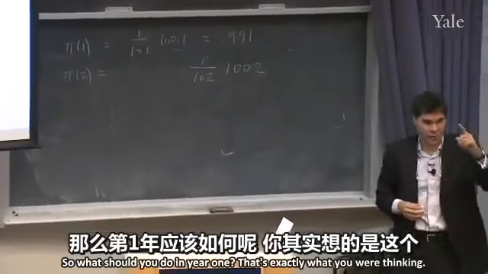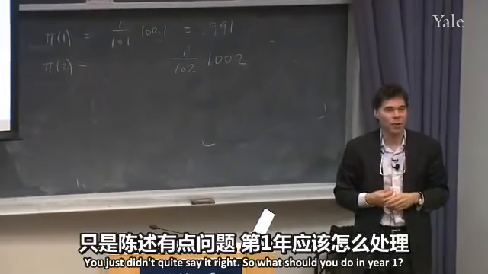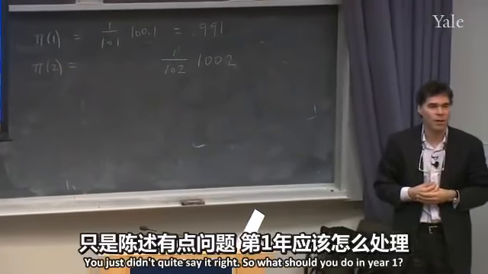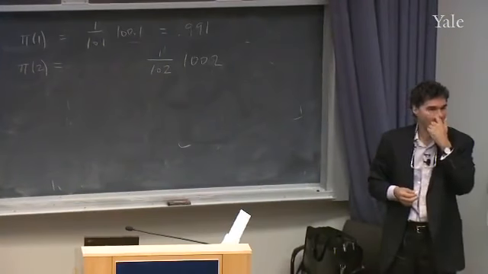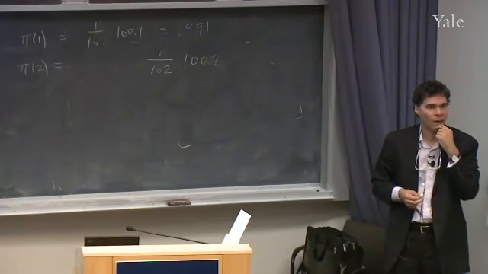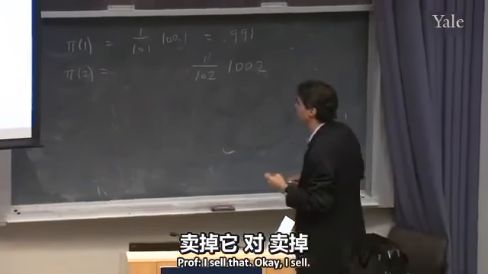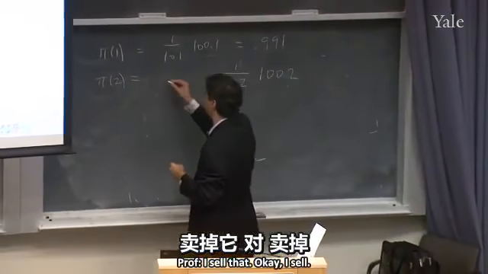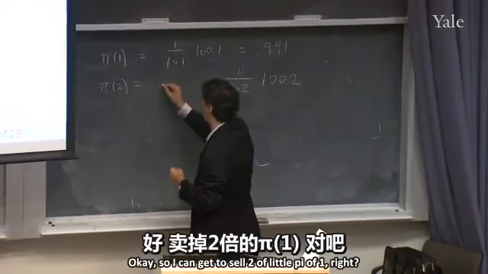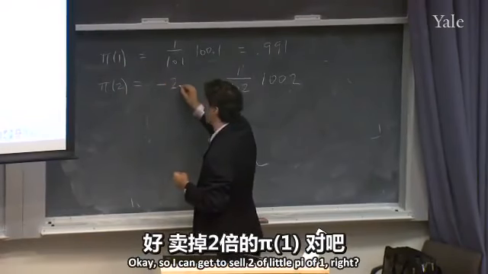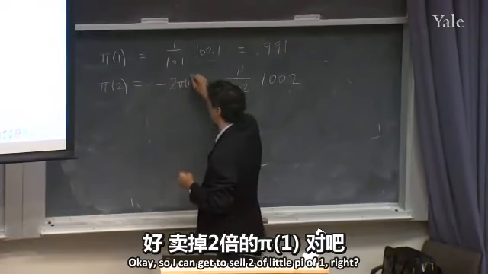So that's exactly what you were thinking, you just didn't quite say it right. So what should you do in year 1? I sell that. Okay, so I can sell 2 of little pi of 1, right?